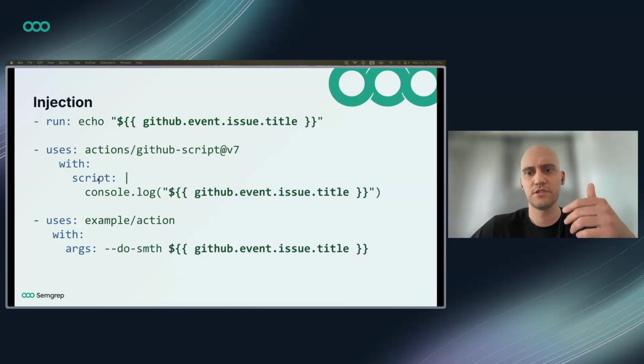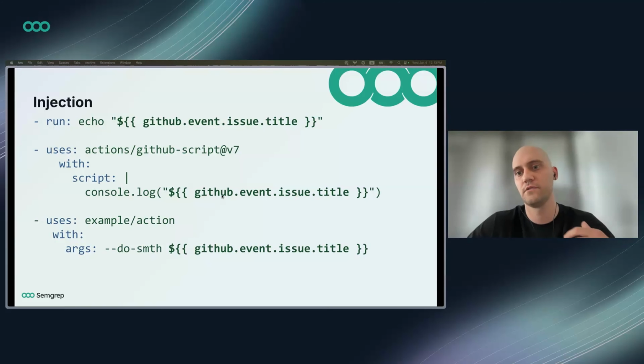And not only JavaScript, this one is the most popular, but I saw Python too. Also, there can be many custom, less known actions that can run scripts, and any kind of injection here will mean that you have some sort of code injection, but it will work the same as the OS command injection. You will be able to run whatever command you want inside the environment.